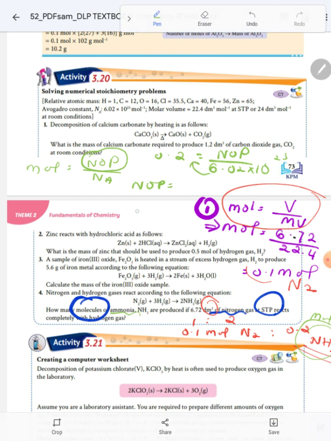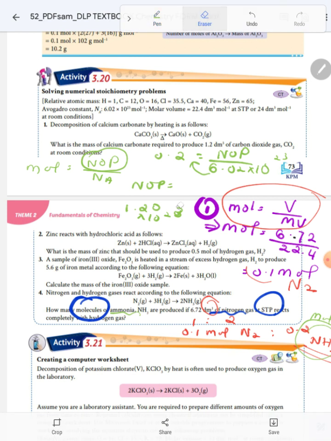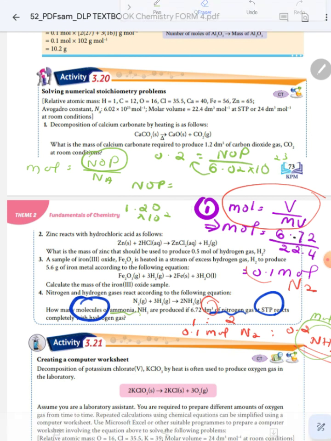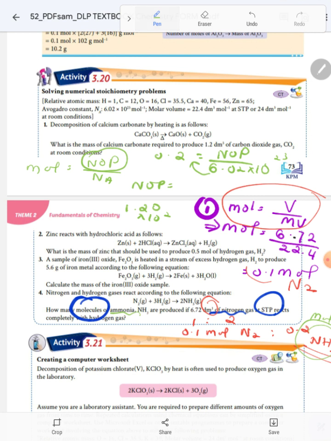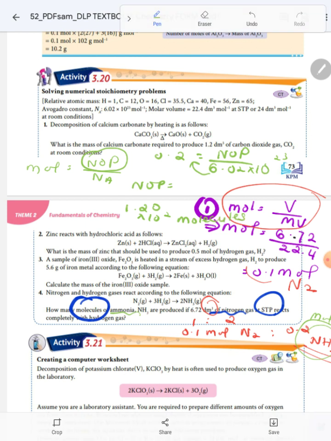Let's say the answer is 1.20 times 10 to the power of 23. The unit is molecules.